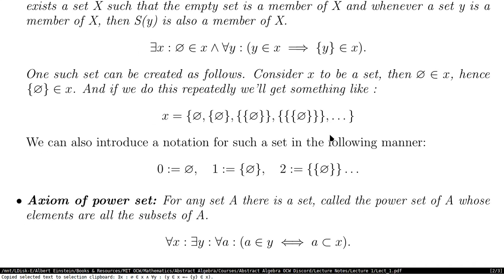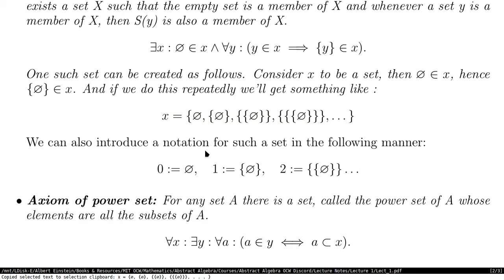A very interesting example of how you do this is if you have a set x, and then you take the null set to be in it. Then this null set is in x, but this singleton, the set including the null set, is also in x, right? So what you do is you repeat this process until eternity.